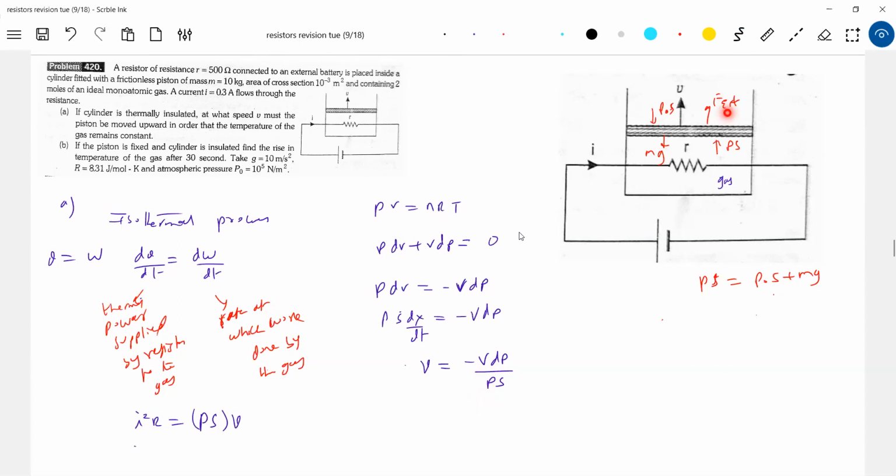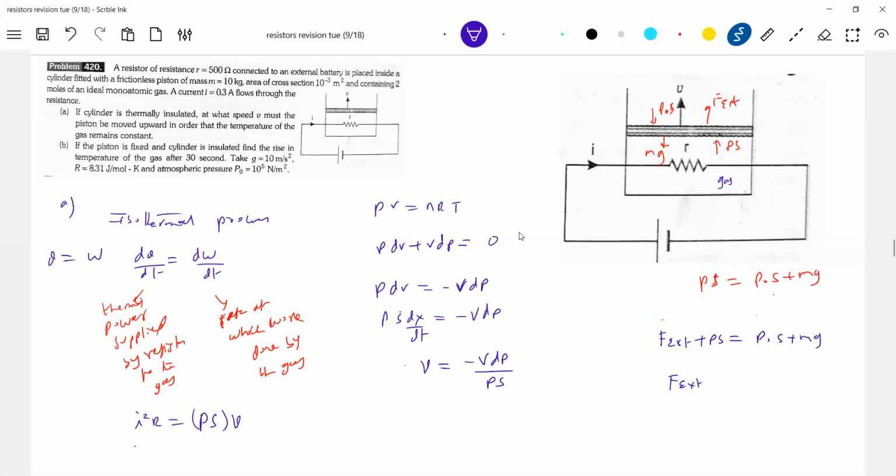If it is moving with constant speed, then F external plus PS should be equal to P naught S plus mg. We don't know if F external is constant, sir. That is one more unknown.